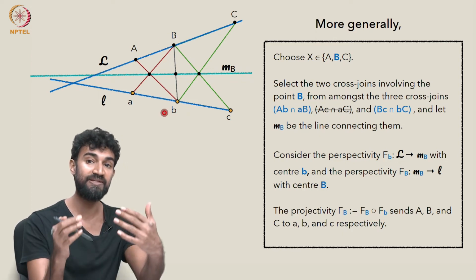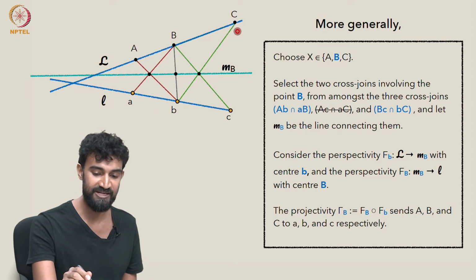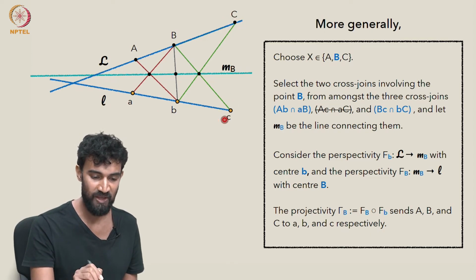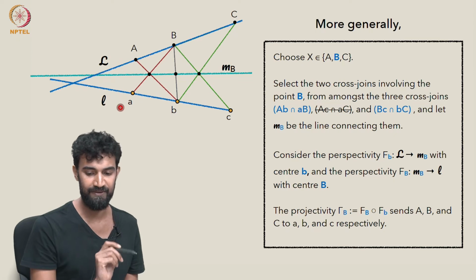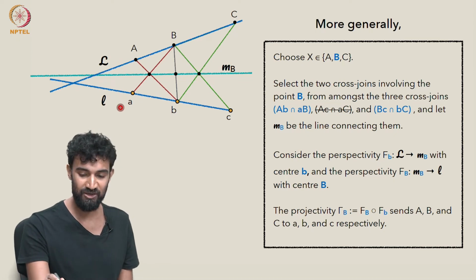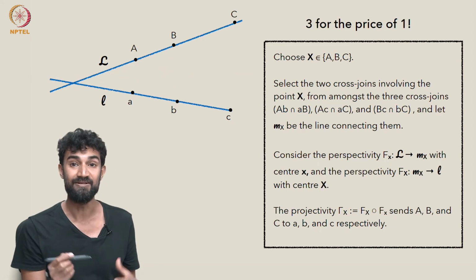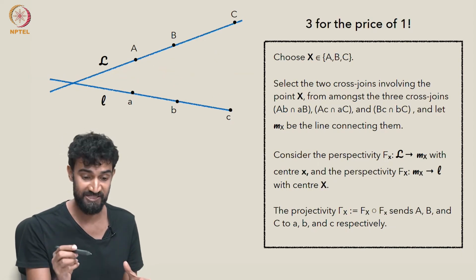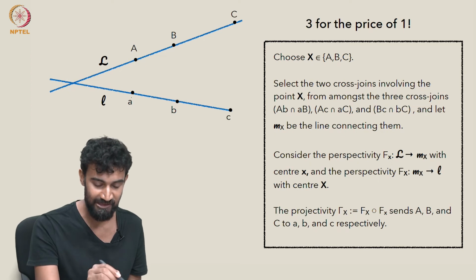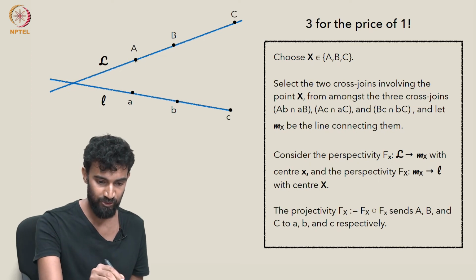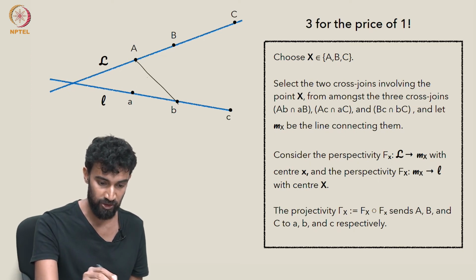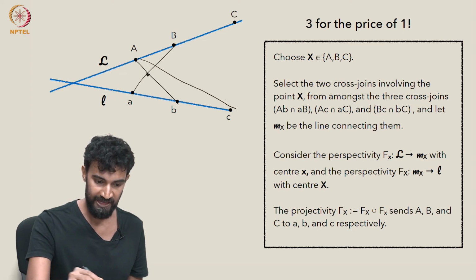We could have just as well done the exact same construction, but centered them at capital C and little c, or centered them at capital A and little a. So we actually could have chosen any of these. For example, we would have in that case chosen all of the cross joins involving A. So one here and one here.